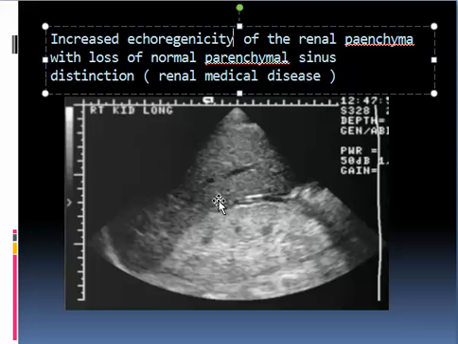There is no distinction between cortex and medulla, and this is called advanced renal medical disease. The word echogenicity could be replaced by another word, echo-reflectivity.